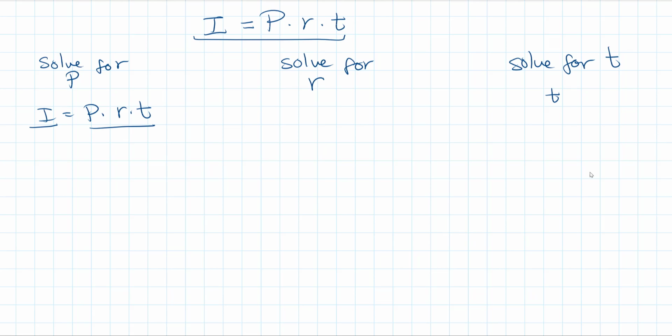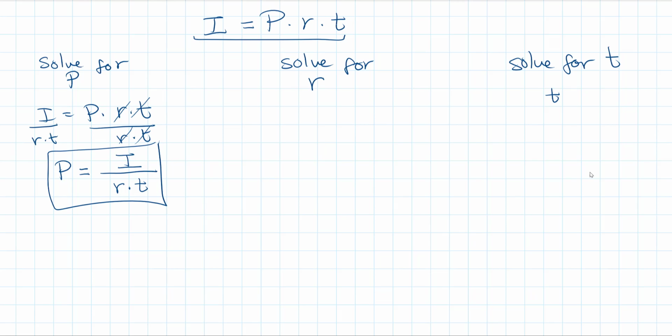And here, since we want to isolate P, we want to solve for P, we will divide by the rate and the time, by R and T. And here on the right, these two cancel, right? Because we're both multiplying and dividing by the same variable, or the same number. And we're left with P equals, the principal equals, the interest that we make divided by the rate times time that we wait. So that is the solving for P.